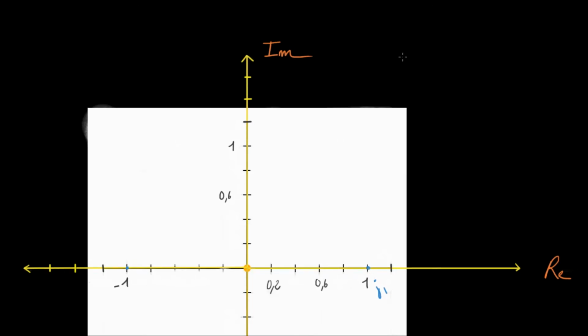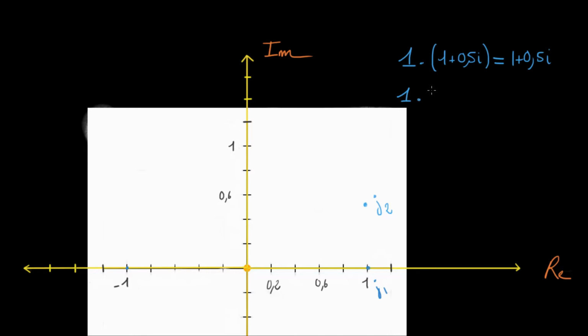Let's try multiplying the particle by the complex number 1 plus 0.5i. Obviously this will be equal to 1 plus 0.5i. So now the particle will sit somewhere around here. So this will be J2, position 2 of the particle. Let's multiply it again by 1 plus 0.5i.